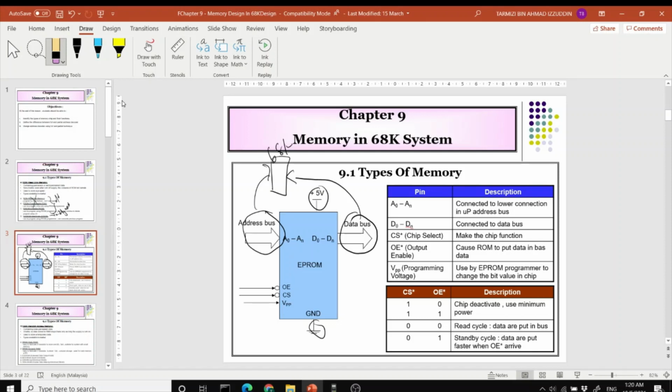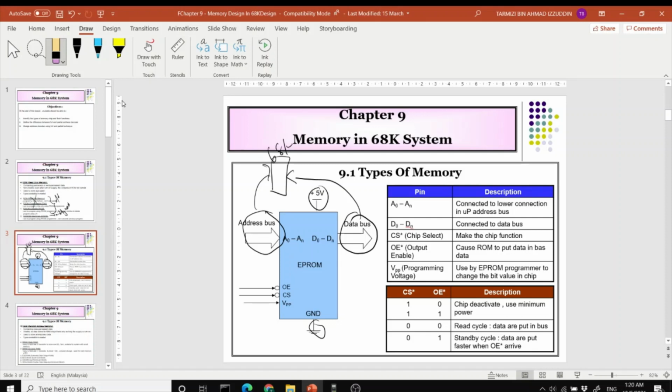Okay, so depending on the state of the pin, you can select either of this mode for the EEPROM. For example, if it is 1 0, you will deactivate the pin, use minimum power. If CS is 0 and OE is 0, it means that the EEPROM is in the read cycle and the data in this EEPROM are put onto the data bus.